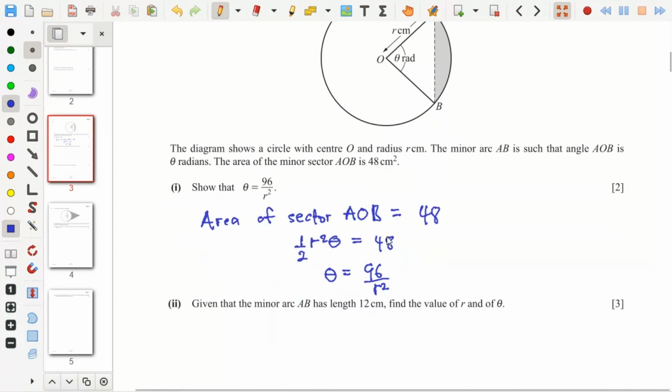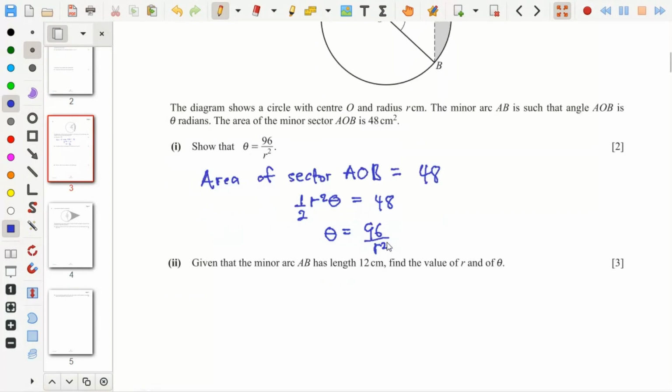Given that the minor arc AB is 12 centimeters, find the value of r and theta. Okay, so now the length of the minor arc AB. Always label the part of the circle you are talking about.